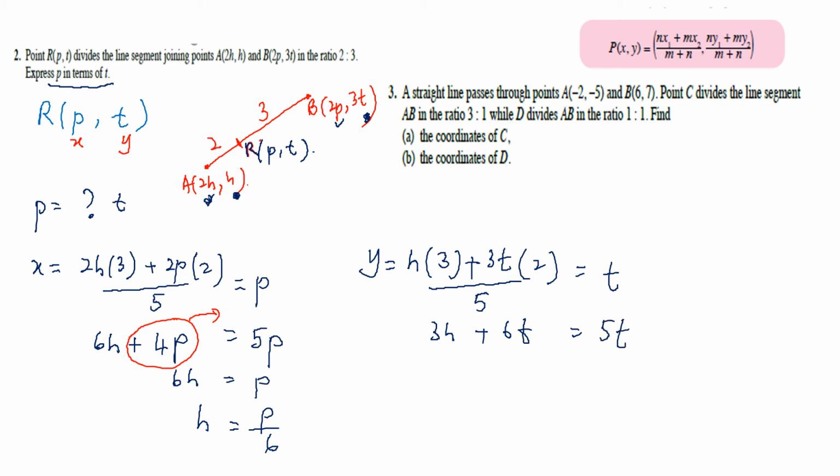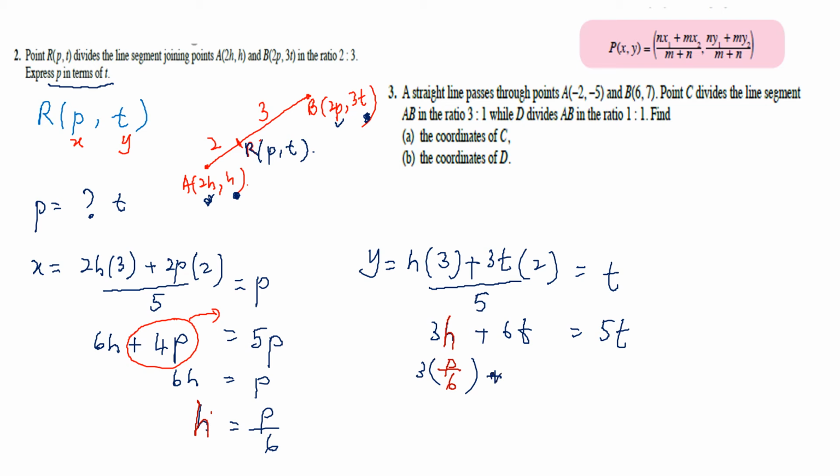Our subject is P. Now we have H here, so this H needs to be substituted with the earlier H. We substitute P over 6, so 3 times P over 6, since P over 6 is already substituted for H, plus 6T.